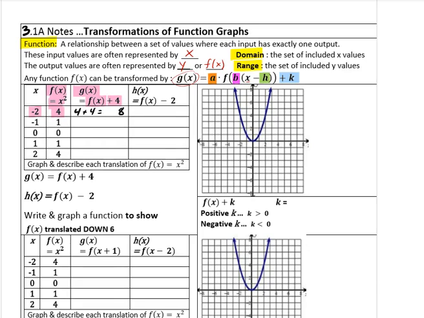So my new point would actually be negative 2, comma 8. And you keep going. Here I had a 1, but now I'm going to add 4 to make it 5. I have 0, I'm going to add 4 to make that 4. Then we're going to keep this going.